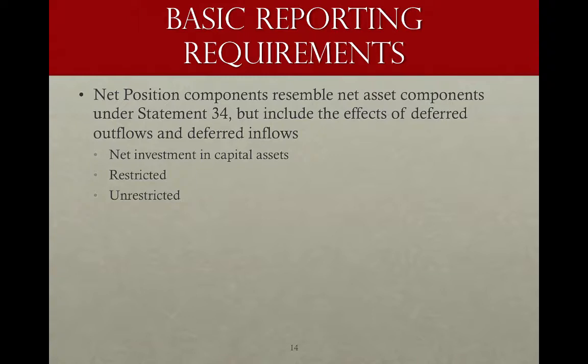It's the government's capital assets minus any outstanding debt that was used to finance the construction or purchase or rehabilitation of those capital assets. Restricted is still defined as it was defined before. Unrestricted is still defined as it was defined before. The same level of detail requirements are still in existence. The only difference is that net position takes into account the effect of deferred outflows of resources and deferred inflows of resources as well.